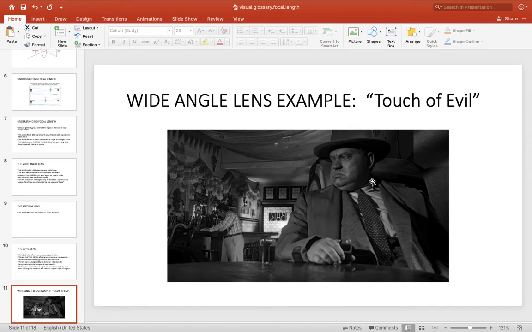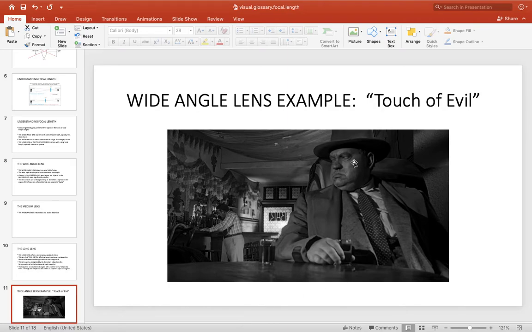This is Orson Welles, by the way, you guys. I know he may be unrecognizable from Citizen Kane, but this is Orson Welles, the director who plays the detective, the corrupt cop in this film. You can see in this still that the background seems much further away than it actually is. So that distortion of depth indicates to us that this is a wide angle lens.